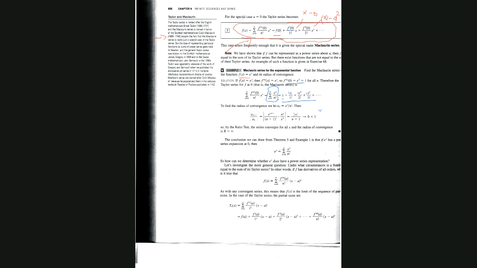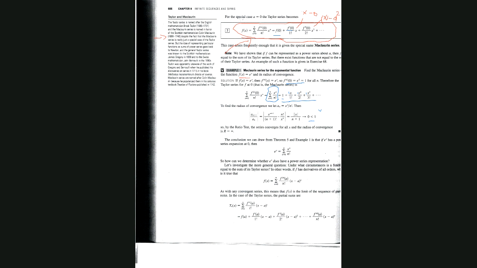The ratio of the n plus first term to the n term is equal to the absolute value of x over n plus 1. But as n gets large, no matter what x is, that ratio approaches 0, and 0 is less than 1. So for all values of x, the series converges. And so that means R equals infinity.